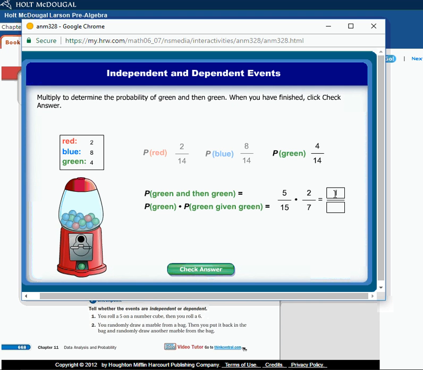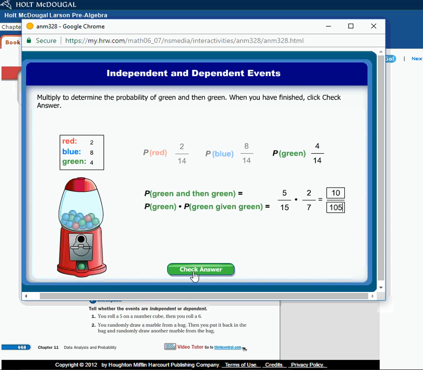I'm going to get 10 over, multiply 15 times 7 for the denominator, and I'm going to get 105. It's going to tell me to express it in lowest terms. So if I divide both by 5, I'm going to get 2 in the numerator and 21 in the denominator because I divided both by 5.